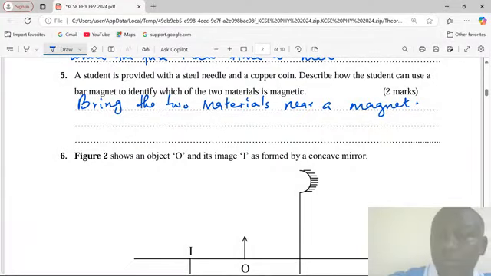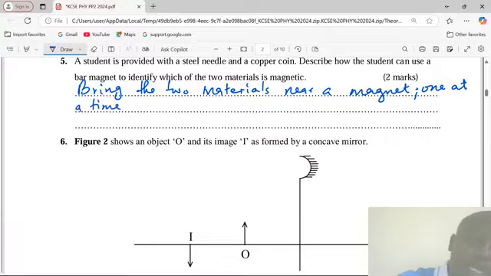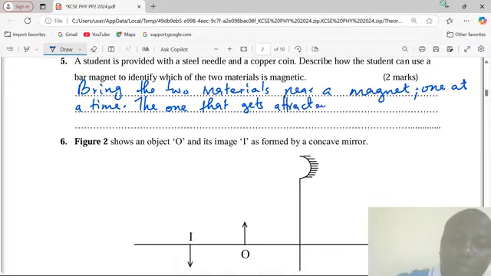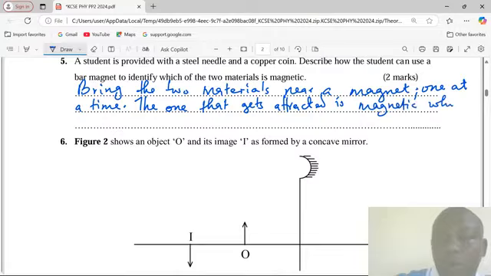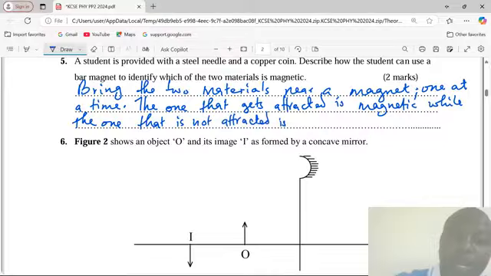The one that gets attracted is magnetic, while the one that is not attracted is non-magnetic.